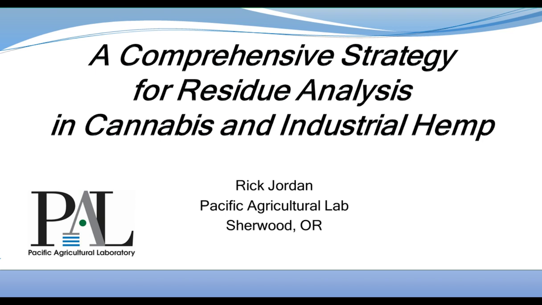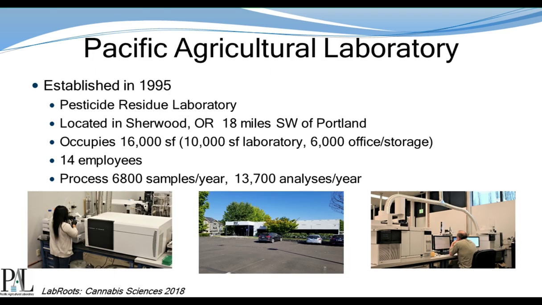Today we're going to talk about pesticide residue analysis in cannabis and hemp, and we'll be going through it as a comprehensive strategy approach. A little background about our lab. We were established in 1995, and we are a pesticide residue laboratory. We do pesticide residues only across multiple sample types and matrices.